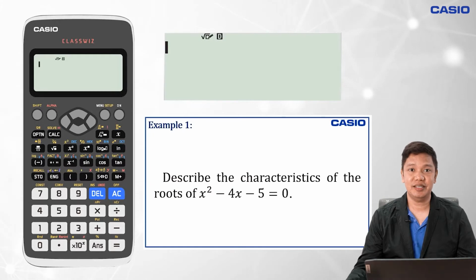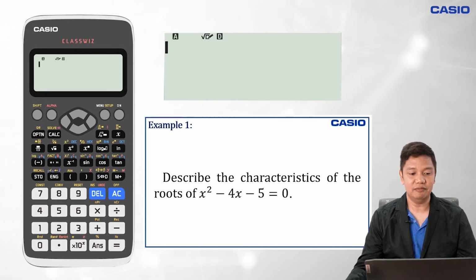Let us consider this example. We are asked to describe the characteristics of the roots of the equation x squared minus 4x minus 5 is equal to 0. To do this, we have to set up first the expression for the discriminant. To do so, we have to press the following keys.